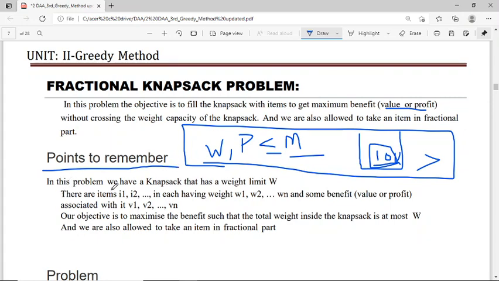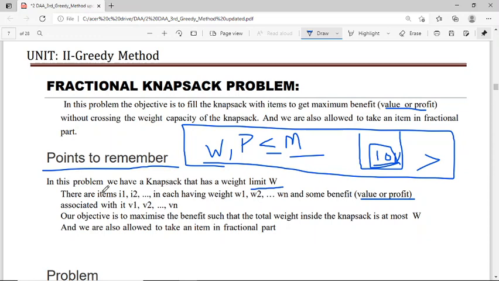In this problem we have a knapsack that has a weight limit W. There are items I1, I2 and so on, each having weight W1, W2, up to Wn, and some benefit, value or profit associated: value 1, value 2, up to value n.